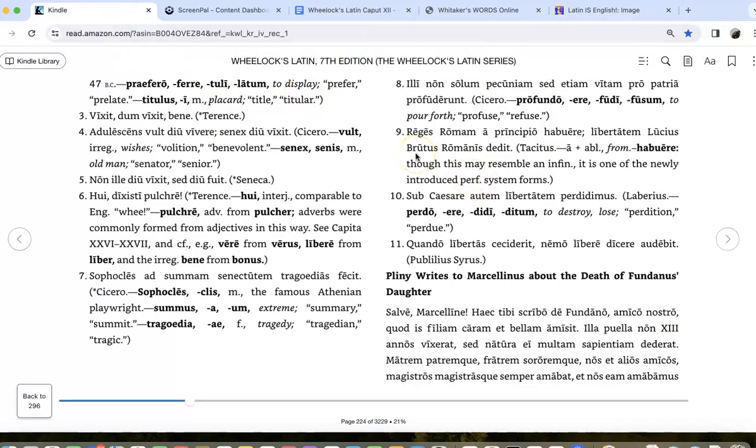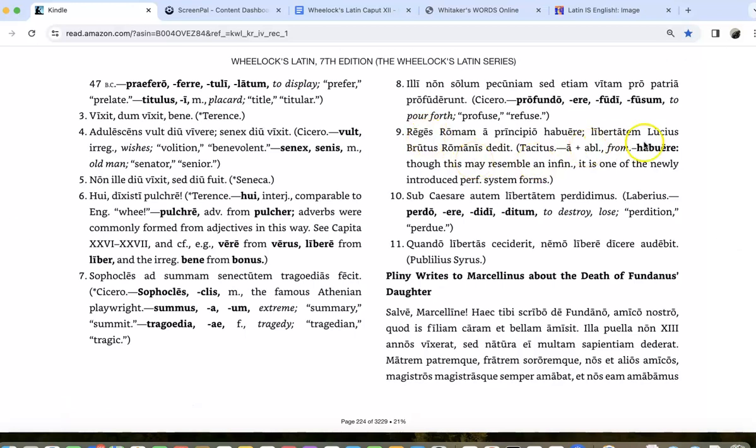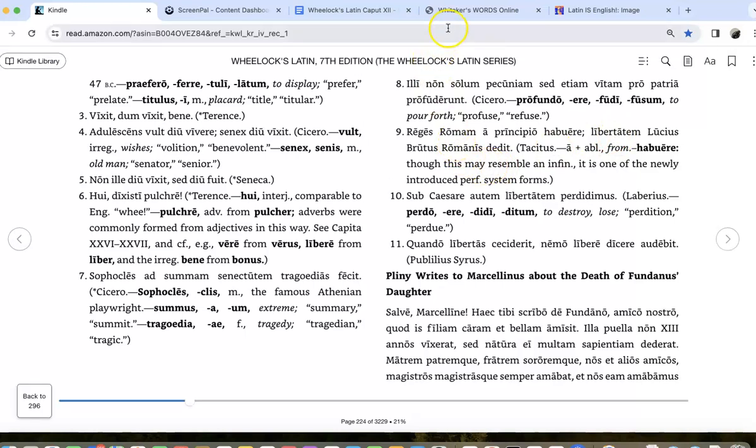All right, moving on here to number 9. Reges Romam a principio habere libertatem Lucius Brutus Romanis dedit. So the kings literally held Rome in the beginning. Lucius Brutus gave liberty to Romans. Let me write this out and then I'll explain it.